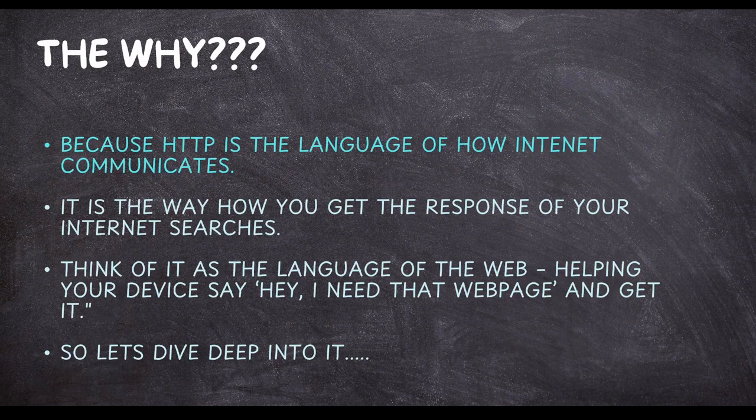Here you can see that Hypertext Transfer Protocol, or HTTP, is basically the language in which the internet communicates. Let me explain. As you already know, the internet is a network of multiple devices situated at different locations.